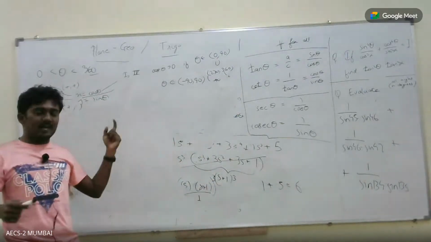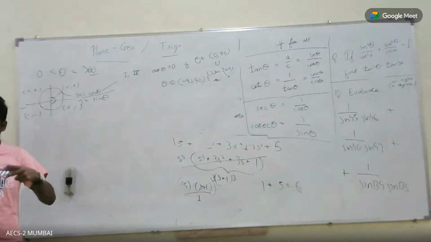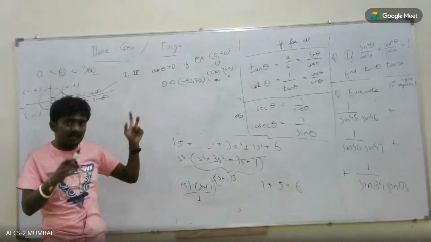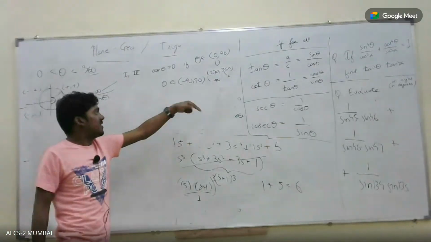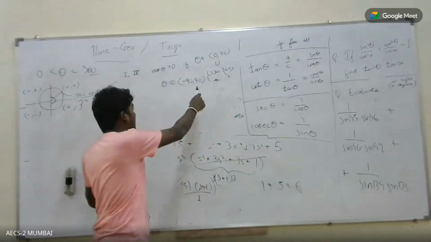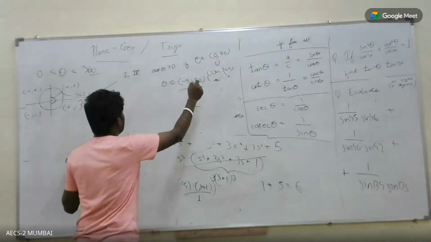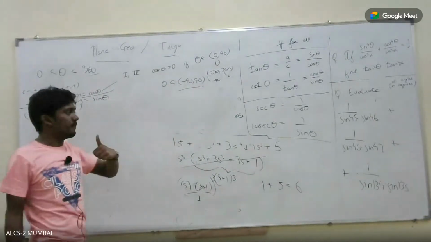Why can I do this? Because any angle after 360 loops itself, so we can also have negative angles. Minus 90 plus 360 is 270. Similarly, all numbers in this range can be reduced by 360 to obtain minus 90 to 0. So theta belongs to minus 90 to 90. This is the range where cos theta is positive.